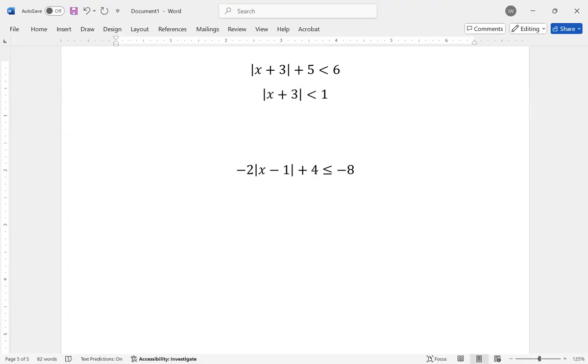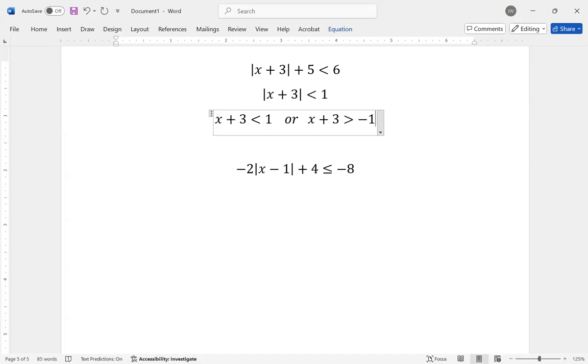Then I would create two inequalities. Since I have a positive number on the right-hand side, I can create two inequalities. One that says x plus 3 is less than 1, and the other, where I use the negative, becomes x plus 3 is greater than -1.